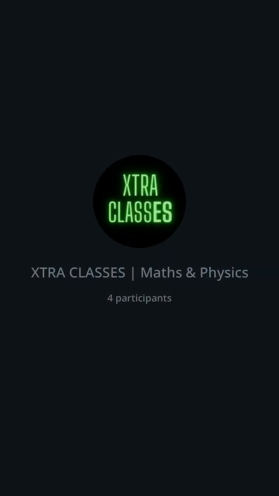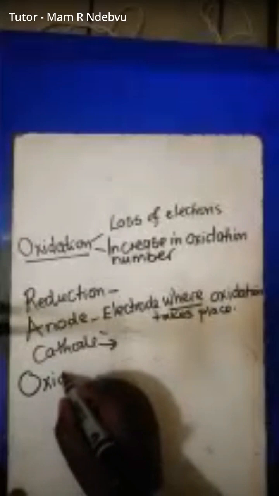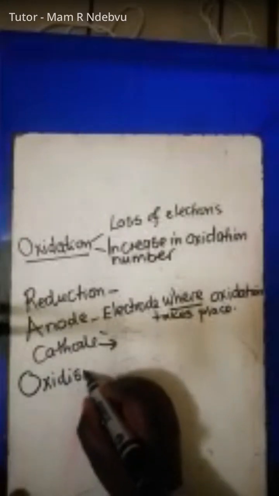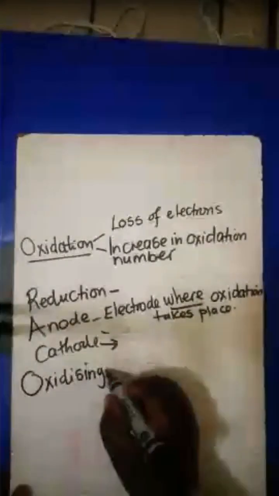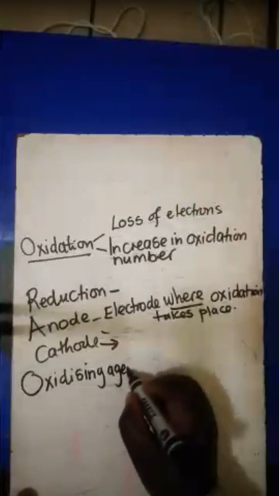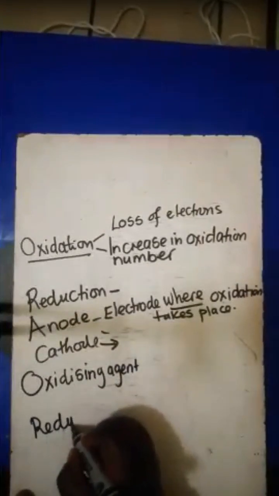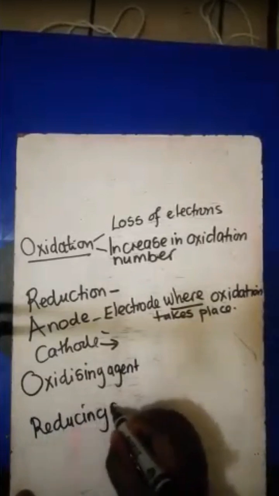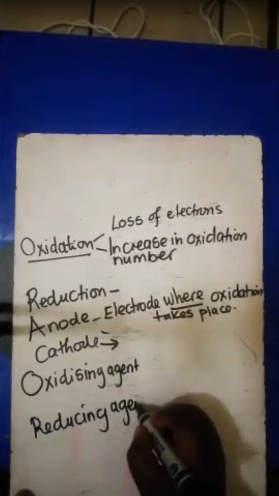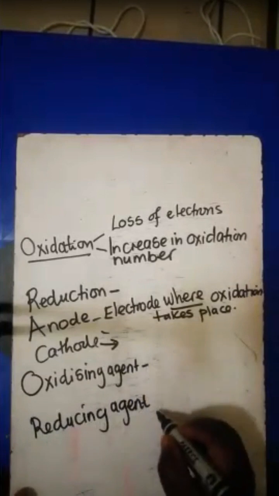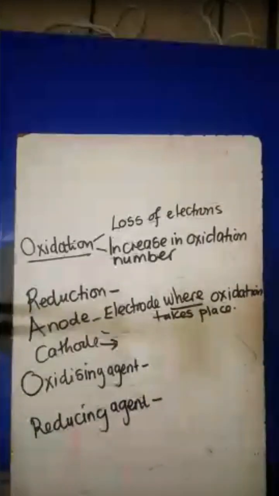I am going to the next set of definitions, which also look like twins: oxidizing agent and reducing agent. I'll define oxidizing agent, then Jemima will discuss for me a reducing agent.